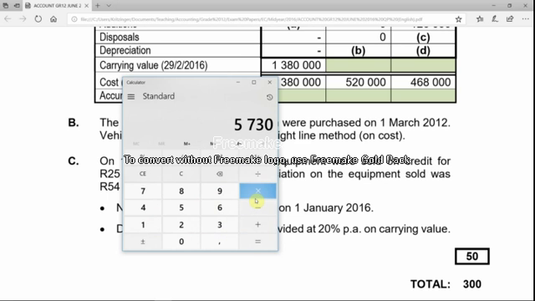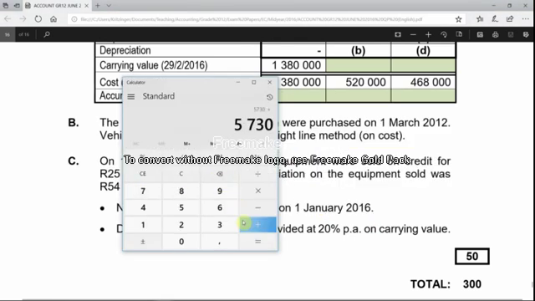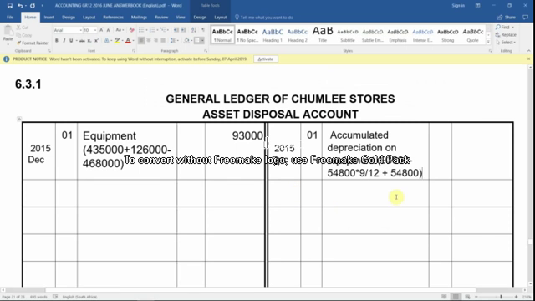That's what we have to add to the 54,800, so 60,550. That is the total accumulated depreciation.